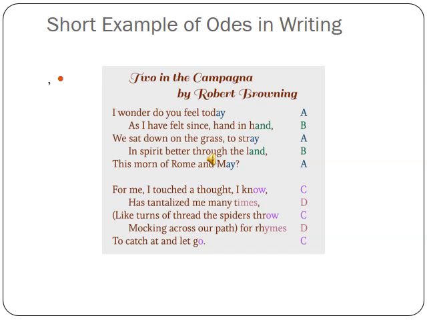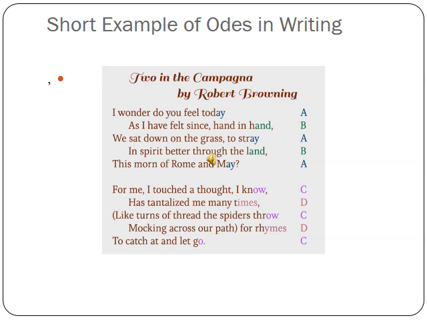He tantalizing me many times, like journeys of tree dispersions through, moving across our path, for rhymes to catch heavy and let go. Okay, so as you see here, A, B, and A, B: today and stray, hand and land, day and me, know and through, times, rhymes, and go and know.